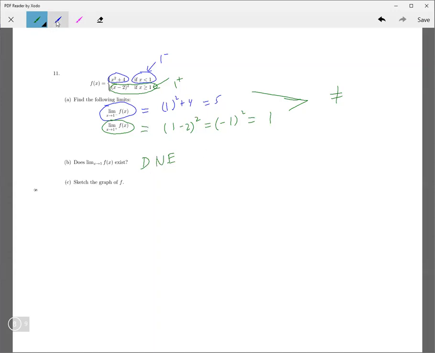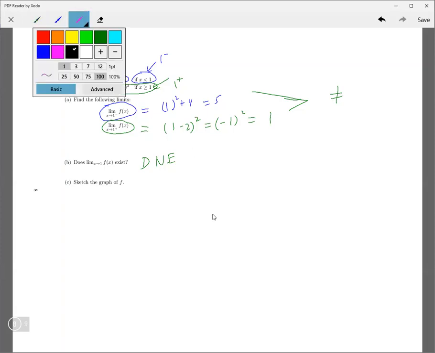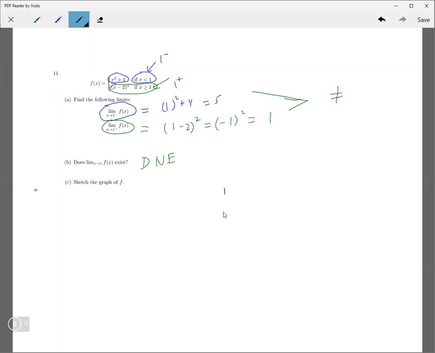And then finally, we want to sketch the graph. Here, this is a parabola that opens up, vertex up here at 4. Let's say that's 1 right there. So it's going to open up like this.